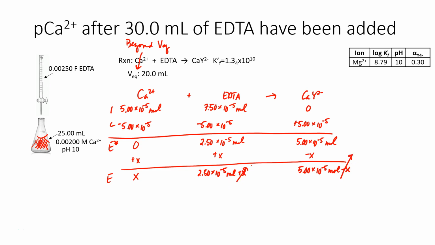And now we can use our conditional formation constant. K primed of F is going to be products, that's the complex, over reactants, so it'll be calcium and EDTA downstairs.